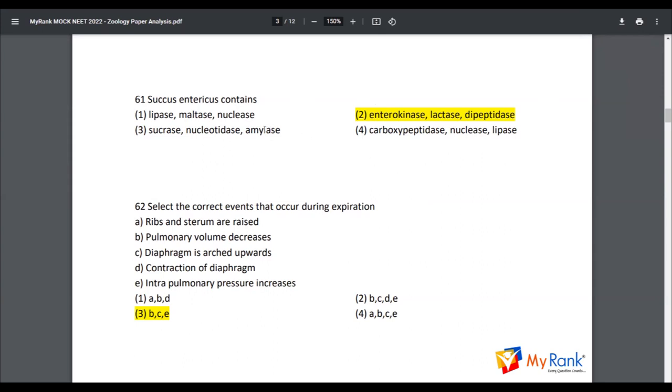Amylase starts from the mouth in the form of salivary amylase, so wrong. Lipases, maltases, and nucleases start from the level of the stomach. Whereas enterokinase, the activator enzyme, comes from succus entericus.